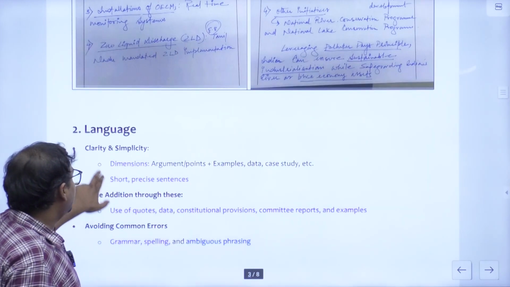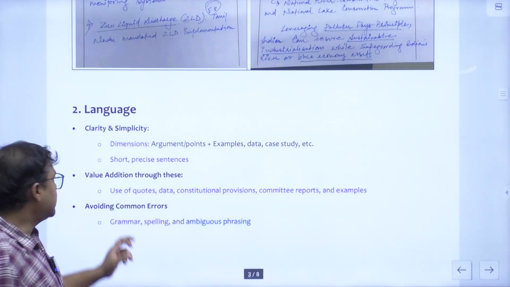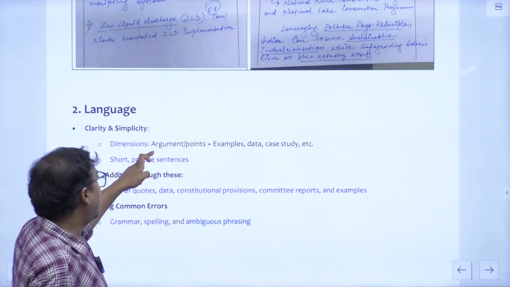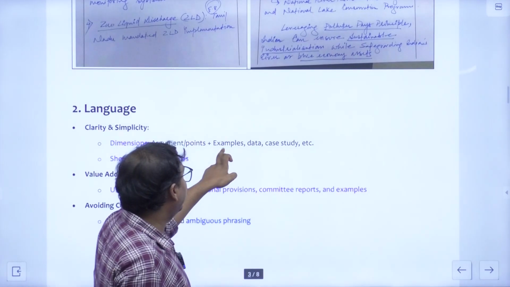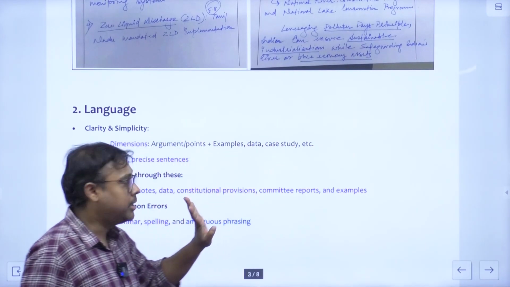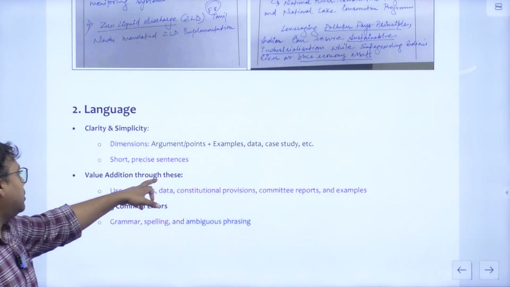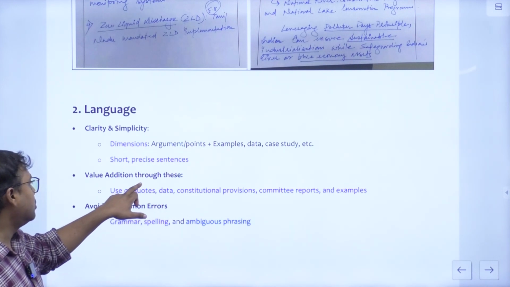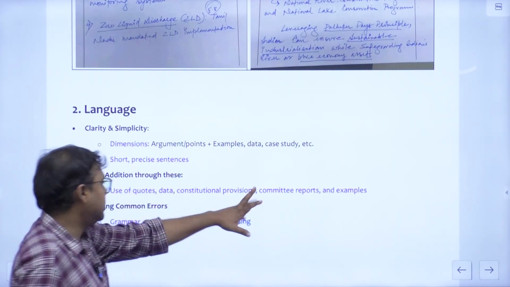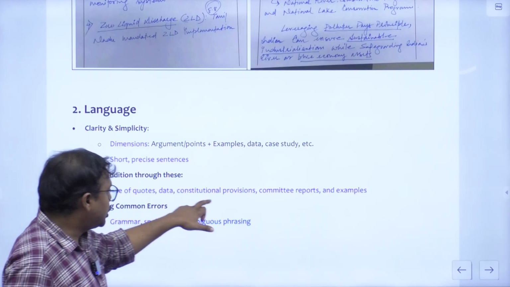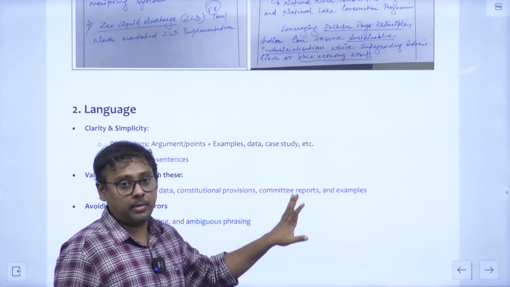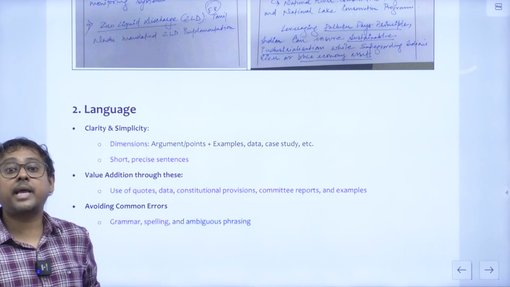ठीक है? So language should be short, precise sentences. Dimensions are argument points which have to be validated by example, data, case study, right? And value addition you have to do through quotes, data, constitutional provisions, committee reports, and examples. Particularly in case of your second and third paper.